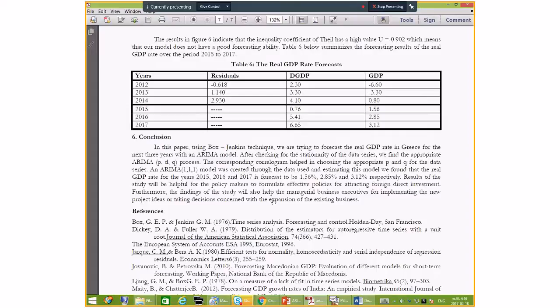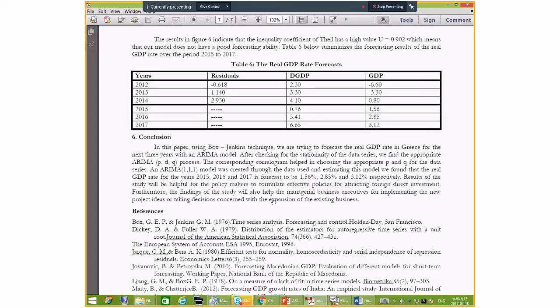Also, these results help business executives implement new project ideas or make decisions concerning the expansion of the existing business.